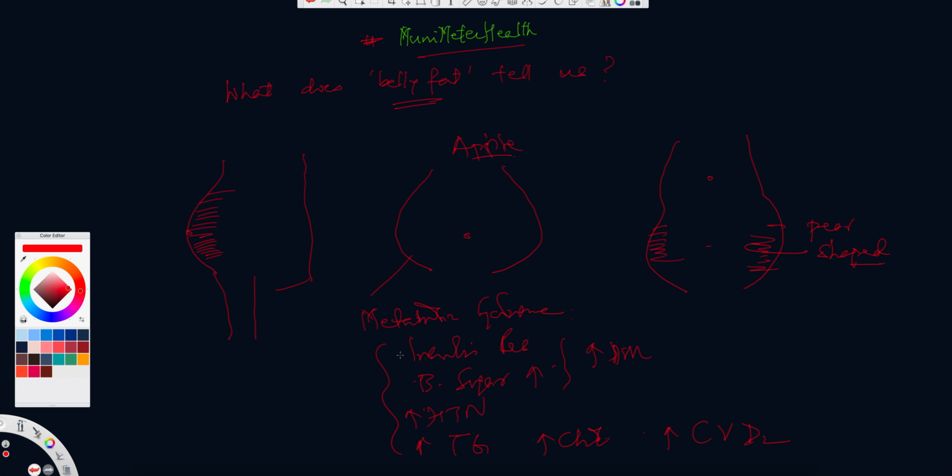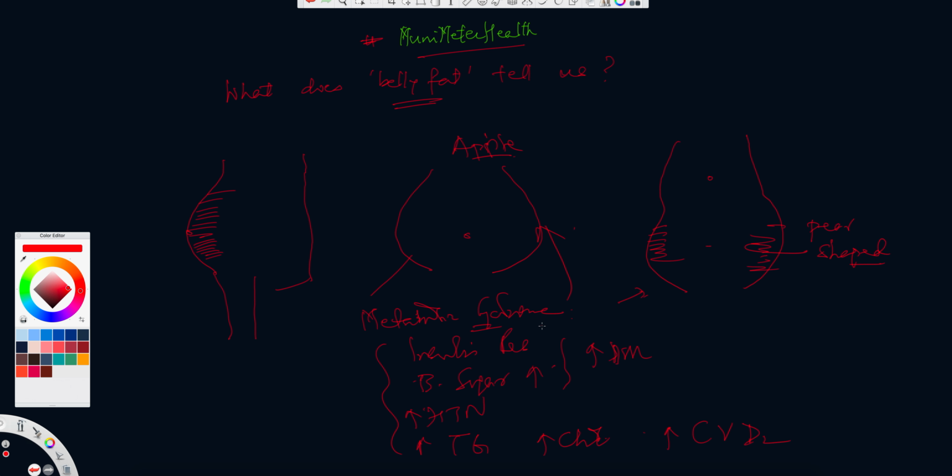So more metabolic syndrome is present in this variety than in this variety. A small amount is still present even in this, because any amount of excess weight that you carry, I call it a kilogram, means the heart has to work harder to push blood into that excess body weight. But apple-shaped fat bellies have the highest incidence of metabolic syndrome, and therefore they should be taken seriously.